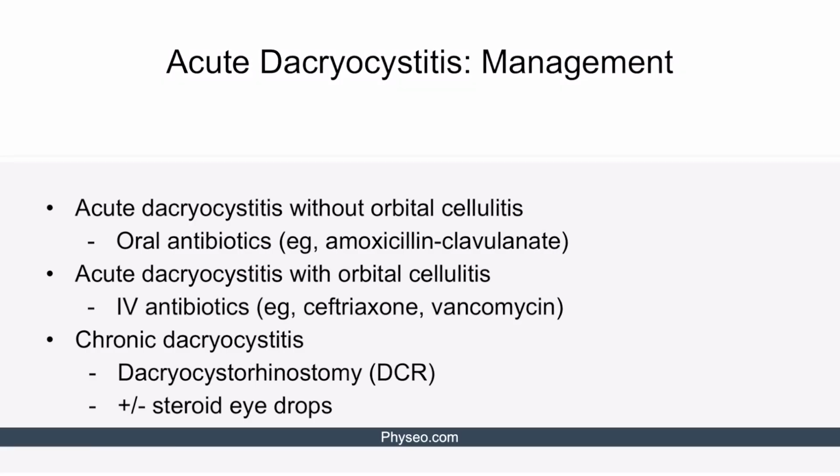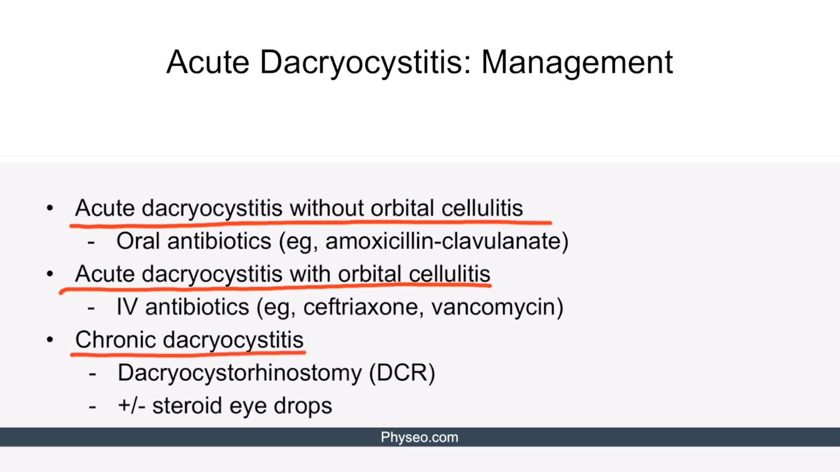The management of acute dacryocystitis depends on the presence of complications like orbital cellulitis. Acute dacryocystitis without orbital cellulitis is usually treated with oral antibiotics like amoxicillin clavulanate. In contrast, acute dacryocystitis with orbital cellulitis requires IV antibiotics such as ceftriaxone or vancomycin.